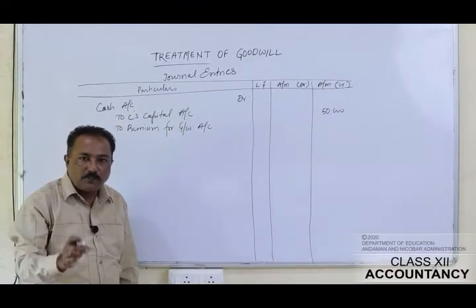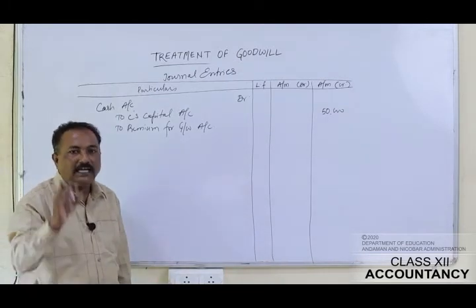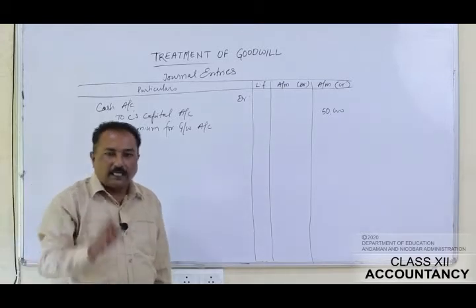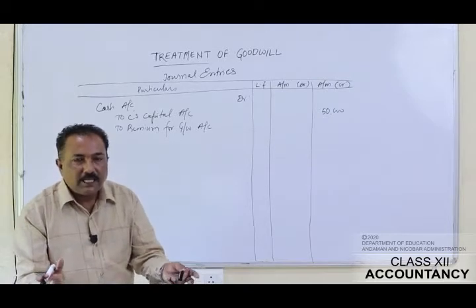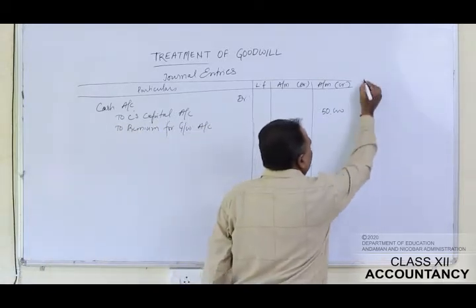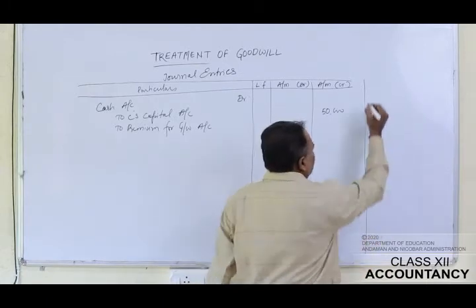Now how much amount is he bringing for his share of the goodwill? That information is not given in the question. The information given in the question is the goodwill of the entire firm, which is rupees 20,000. Now we will have to calculate C's share of goodwill.